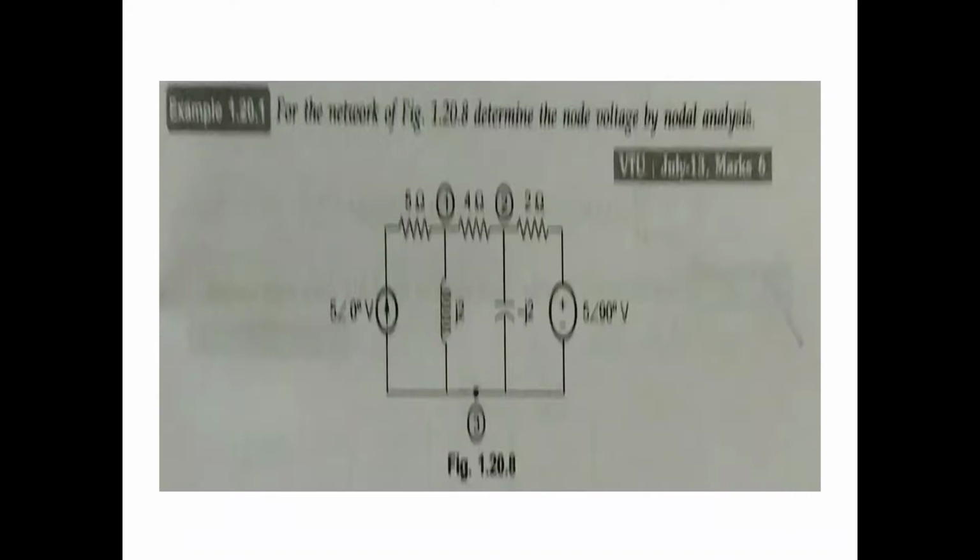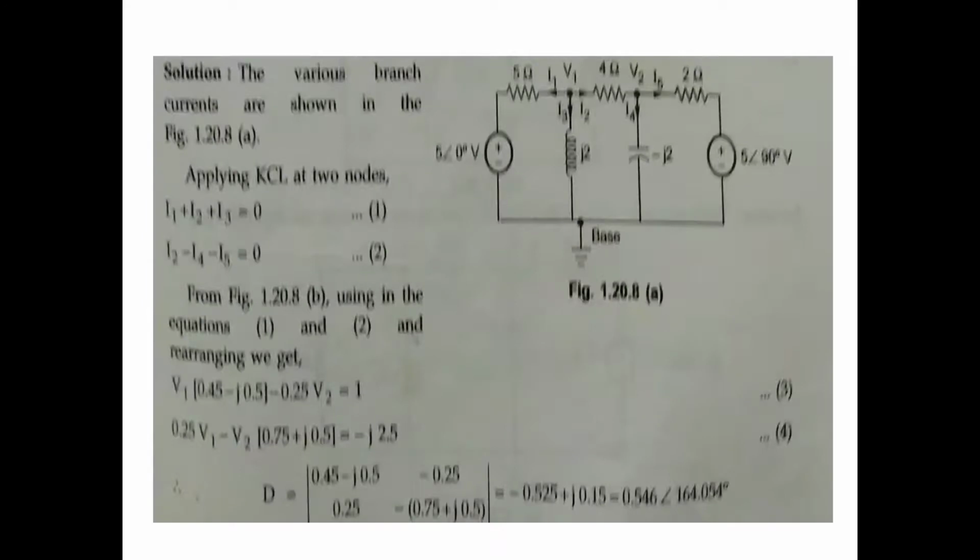Okay, just one simple problem. The circuit has 5 ohm, 4 ohm, j2 ohm, 5 at an angle of 0 degrees, 2 minus j2, and 5 at an angle of 90 degrees.